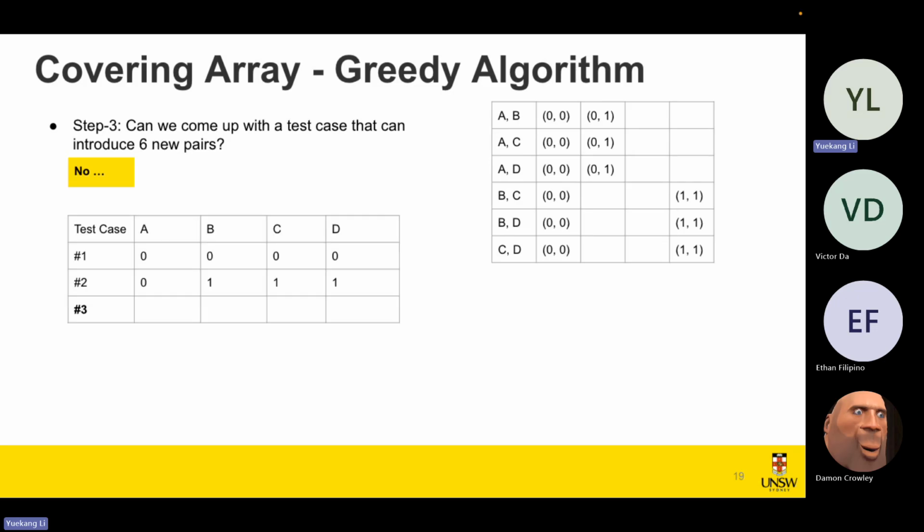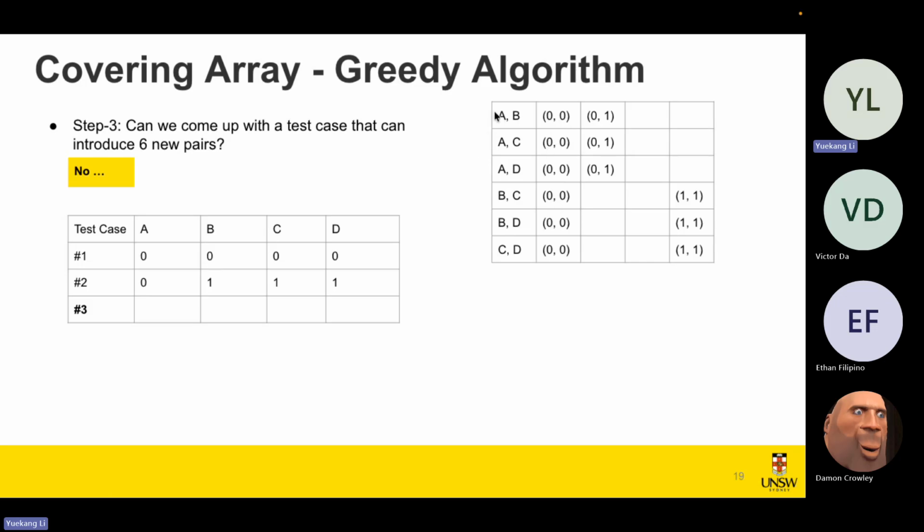And let's see why. Let's first decide the value of A here. Can we still take 0 for A? Yes or no? You can see that we have tried out 0,0 and 0,1 for A, right?